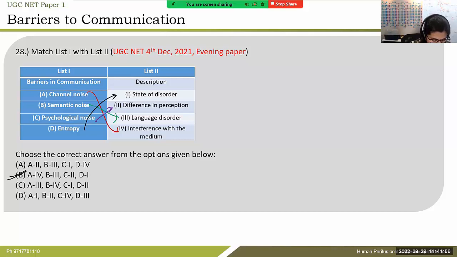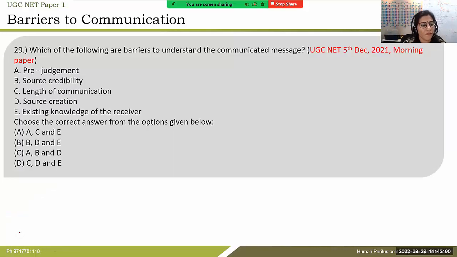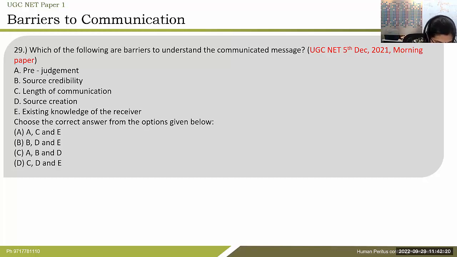All right. Next question. Which of the following are barriers to understanding the communicated message? Again, a similar kind of question, but asked in a different way. Prejudgment, source credibility, length of communication, source creation, existing knowledge of the receiver. Prejudgment, yes, true.